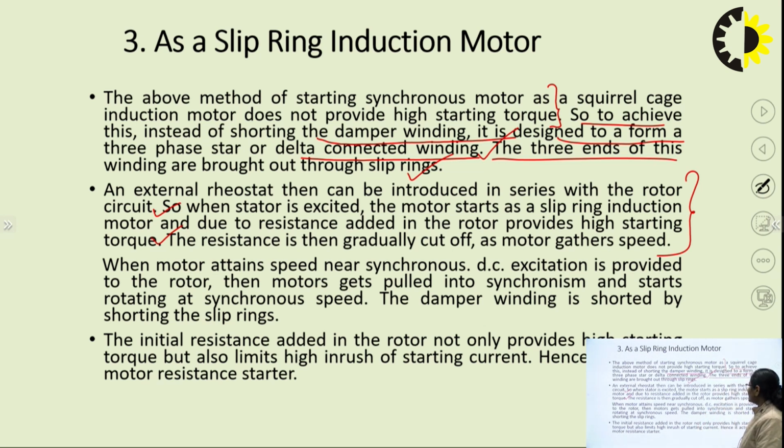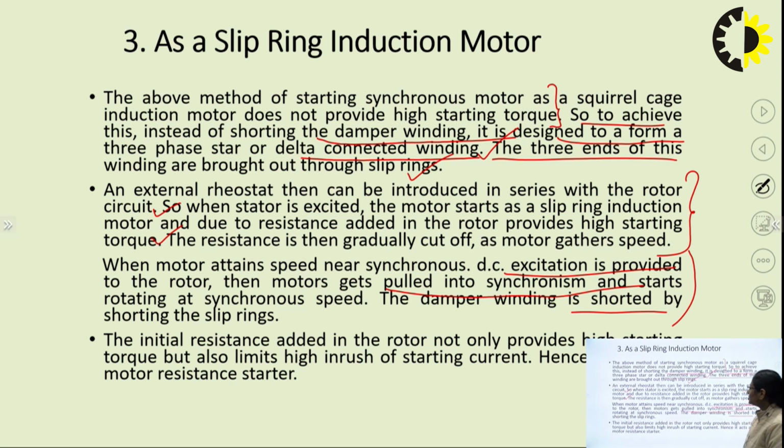Now, when the motor attains speed near the synchronous speed, DC excitation is provided to the rotor and the motor gets pulled into synchronism and starts rotating like a three-phase synchronous motor. The damper winding is short-circuited during this condition with the help of the slip rings, right?